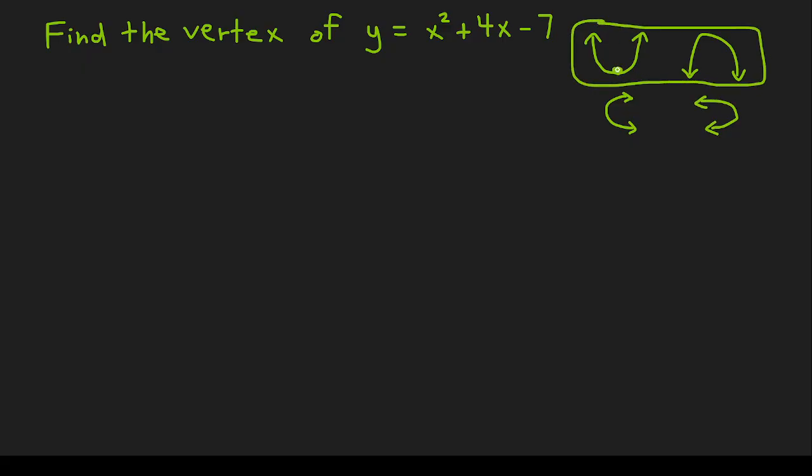And the vertex is basically the turning point, which is either the minimum or maximum. So if we look at the equation of a parabola, that's standard form.